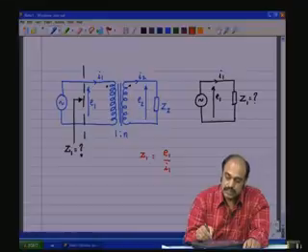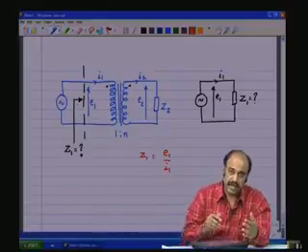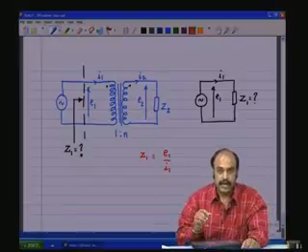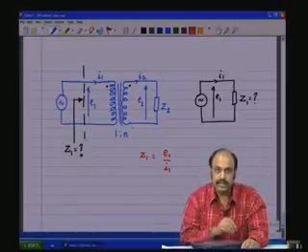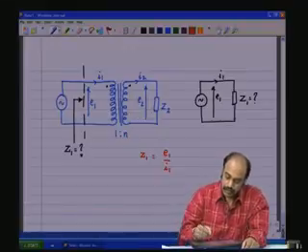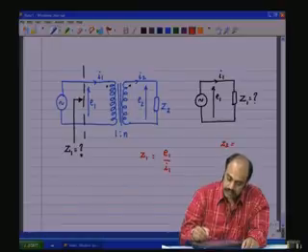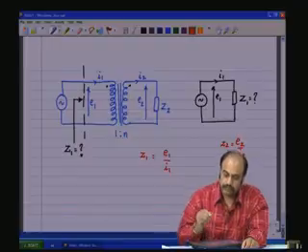But this Z1 is supposed to be the reflected impedance as seen from the primary, but the actual real impedance is on the secondary side, and that is Z2. And Z2 is E2 by I2.